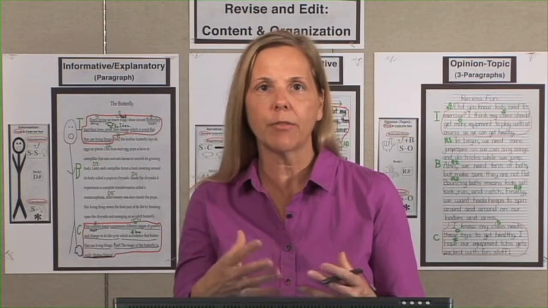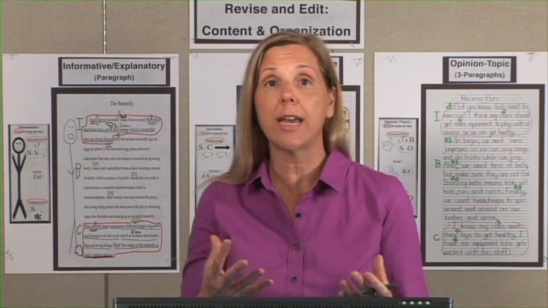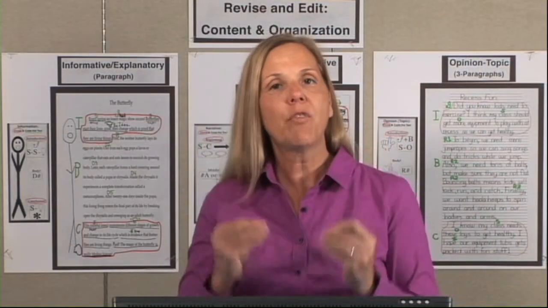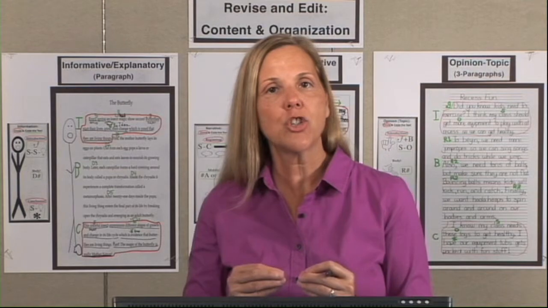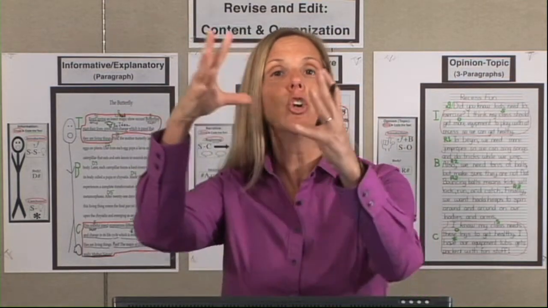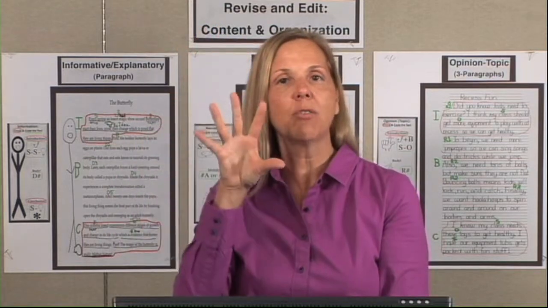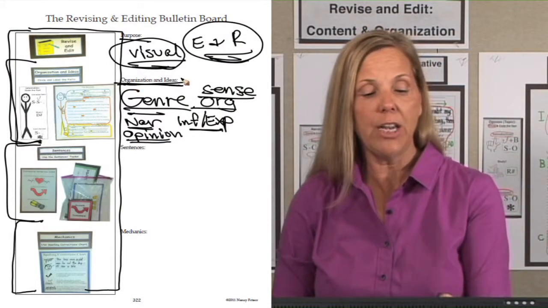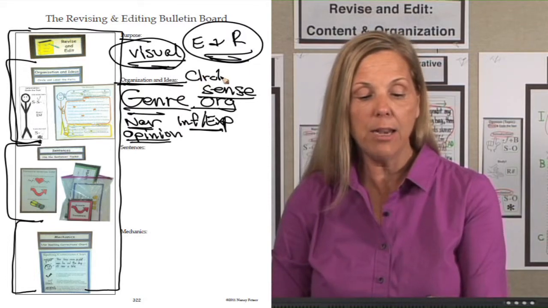You will see it many different ways. You will see organization and ideas, content and organization. It's really the same thing. This is the first activity that you want to teach your students when they revise and edit. It's at that meaning level. You're looking at the big piece of writing, the whole piece. And we're going to do an activity called Circle and Label.